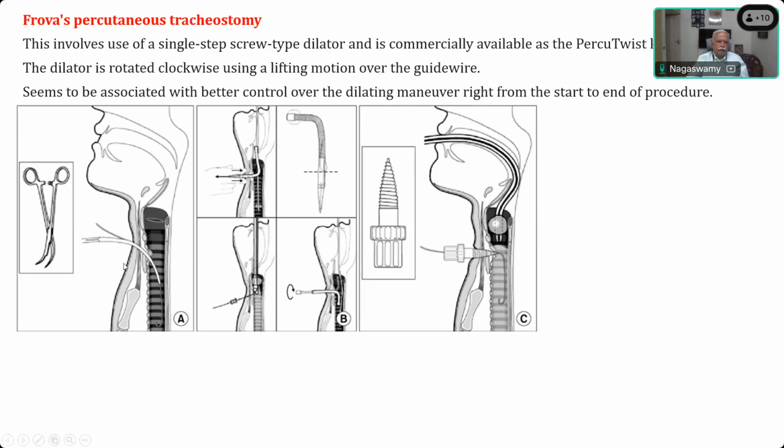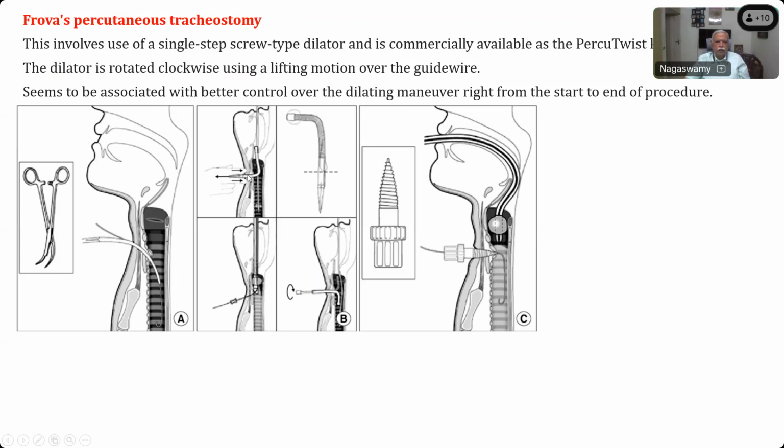This is Griggs' method, where after puncturing the tracheal ring, this is the forceps that is used to dilate instead of using a cannula and guide wire. So the forceps dilates the opening, and you introduce the first dilator, and then you use the tracheostomy tube. This is the retrograde method, what I told you, which is cumbersome.